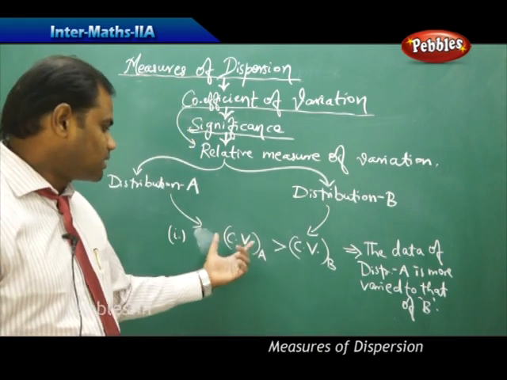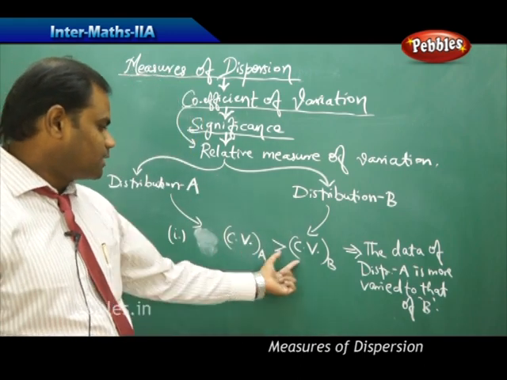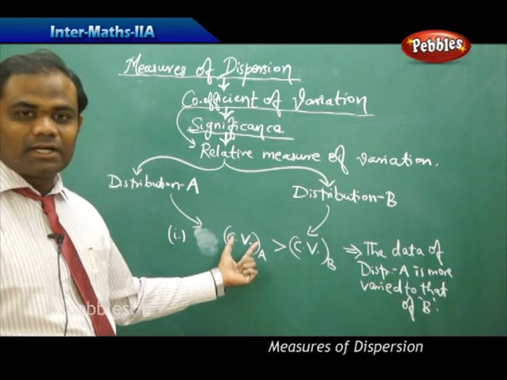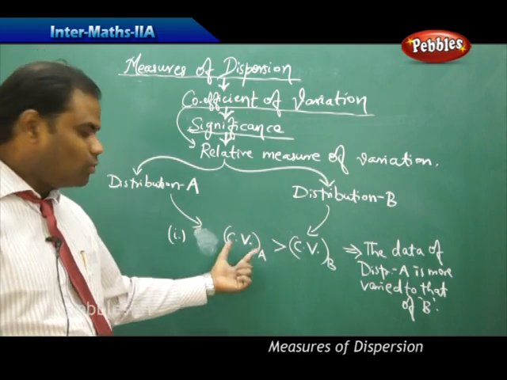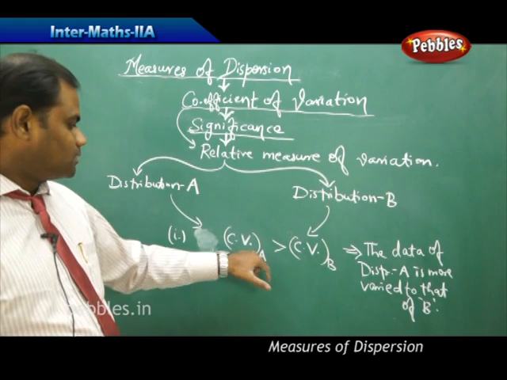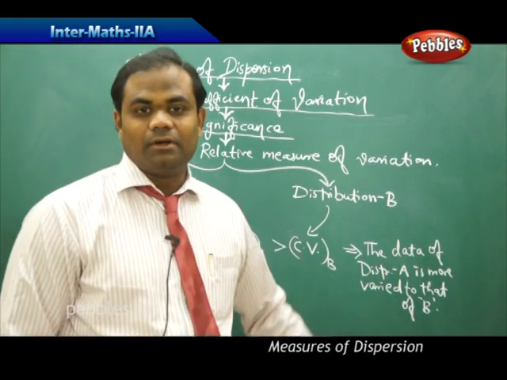This implies the data of distribution A is more varied and far apart as compared to distribution B.